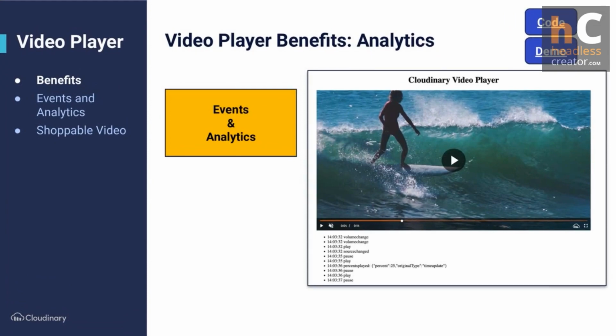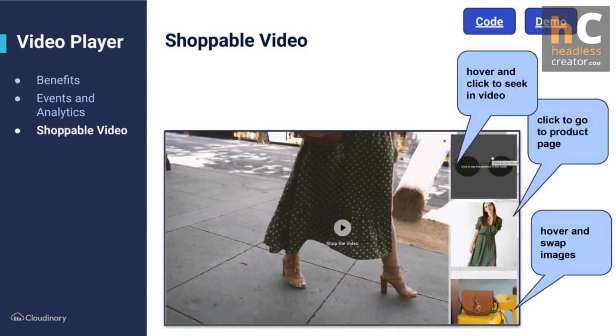So we saw there is one capability, which is just this analytics. The other thing that we do have that's kind of cool is this concept of shoppable videos. So what that does is, let's say you're running an e-commerce site and you want to drag the attention of the user to a product that came in at some point in the video.